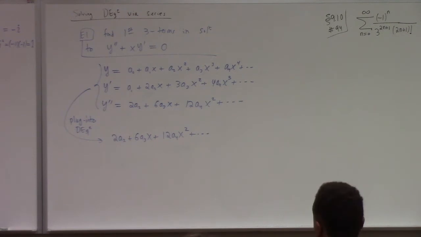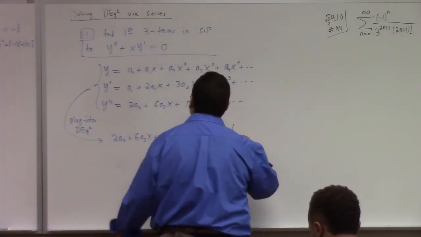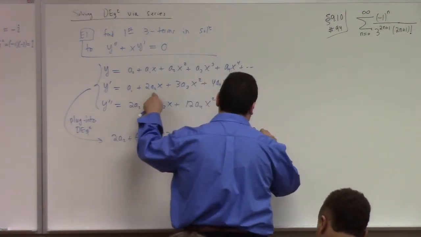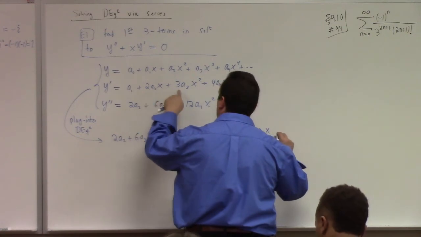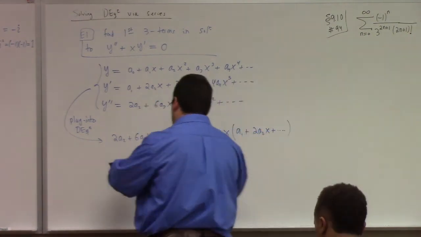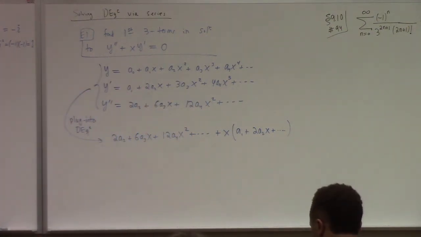And then what's x times y prime? Y prime was here, a1 plus 2a2x, and that should do it. I'm only going to keep to x squared, so I don't need past that.